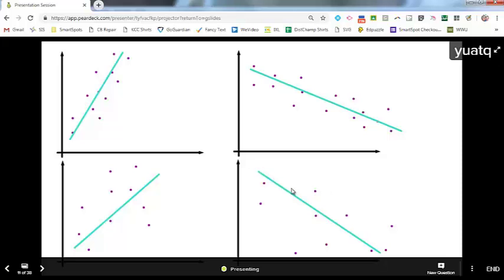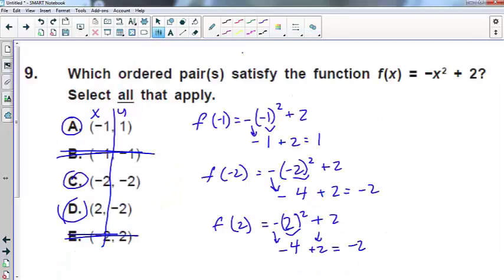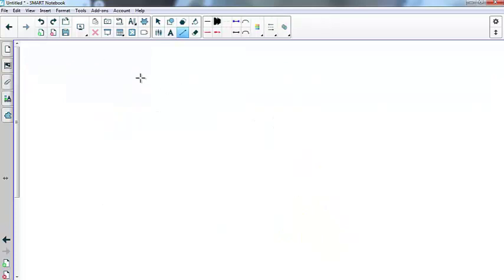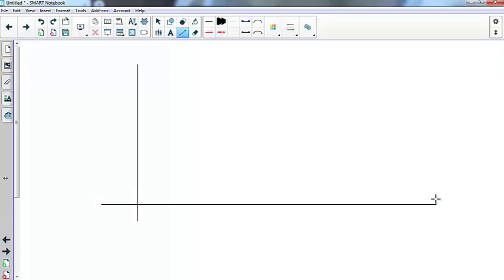And then the farther they are from the line, if they're just scattered all over the place, so for example, if you had a graph that looked like this, and there's nothing that tells you whether there's a positive or a negative correlation, right? That's 0 because there's no correlation. Do you see what I'm saying? Are you with me on that? Okay.